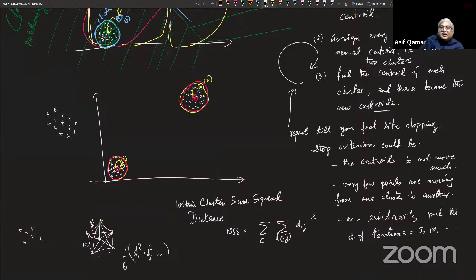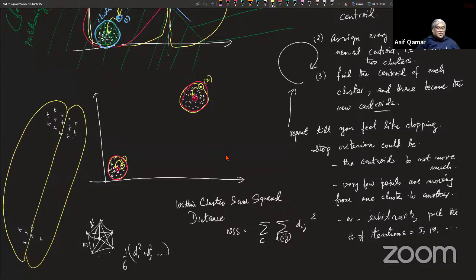Suppose you made bad clusters. Suppose you discovered clusters like this and this. So let's look at the cluster 1. You would notice that if I try to do paired distances between every 2 points in the cluster, you will end up with these big lines.